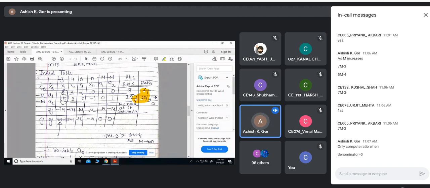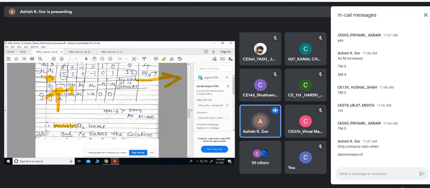Out of 4 and 12 by 5, 12 by 5 is 2.4. So this is the minimum ratio. This is the corresponding row, in which the variable a2 is the variable which will leave. So x1 will enter and a2 will leave.